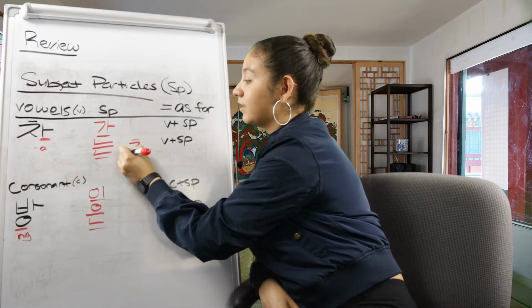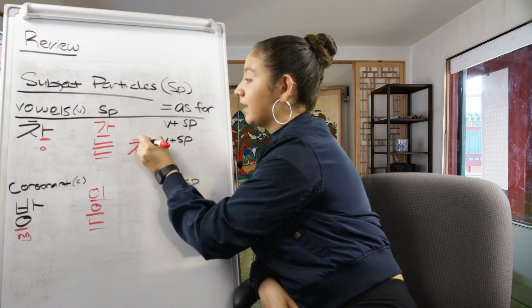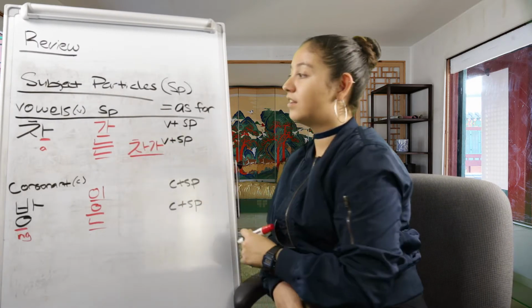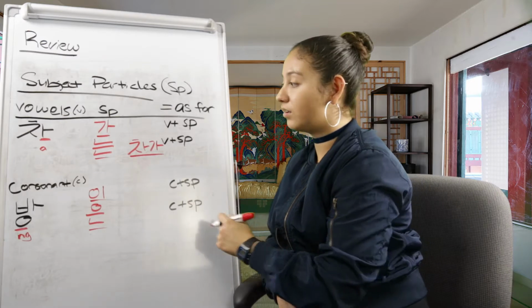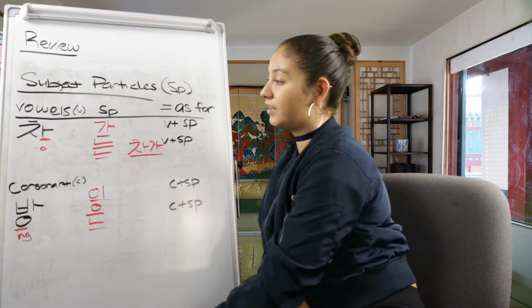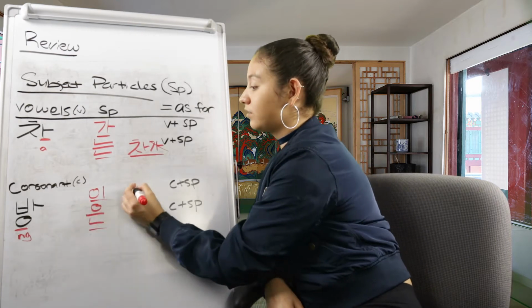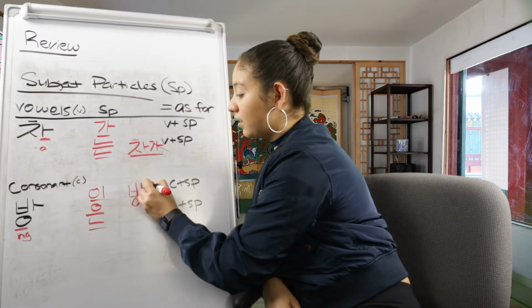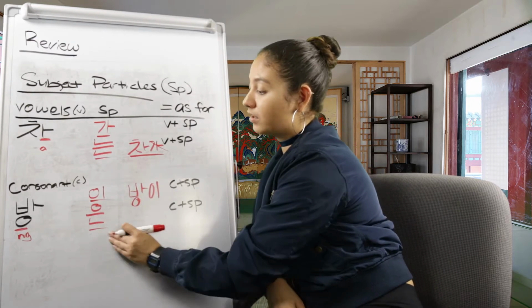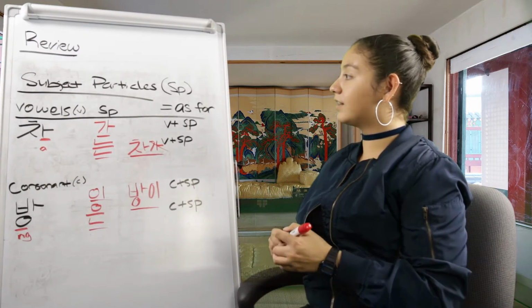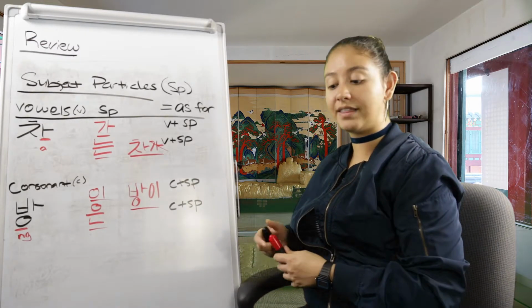So in this example, I would put 차가 as if it was one word, meaning that you are talking about that car, or you would change it to nun. The same thing for 방 right here, which is a room. If you want to talk about the room, either 방이 or 방은. You would put it together as if it was one word. And that's how you would know which particle to put at the end.